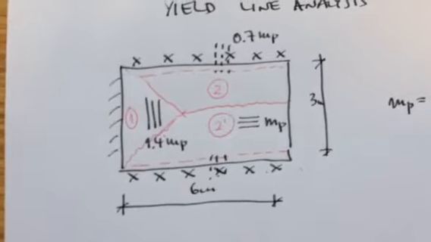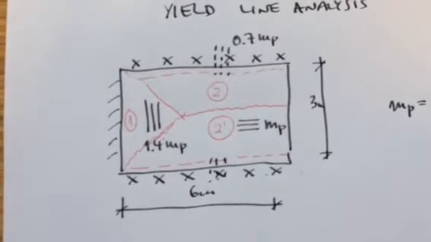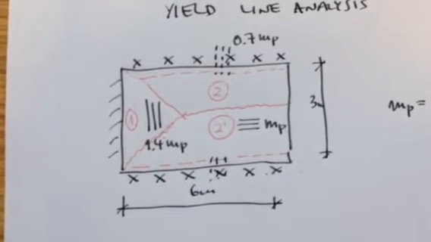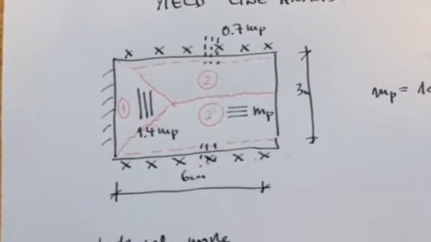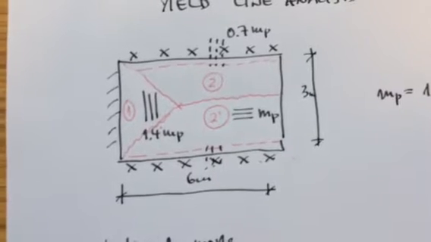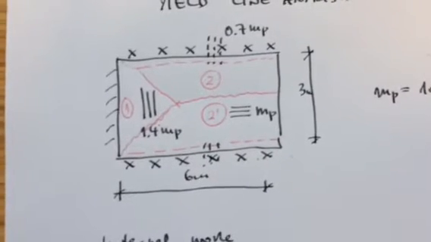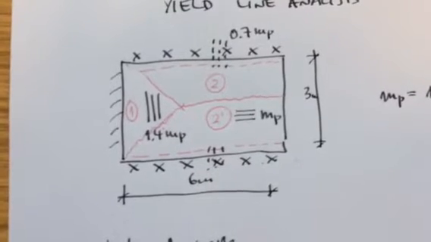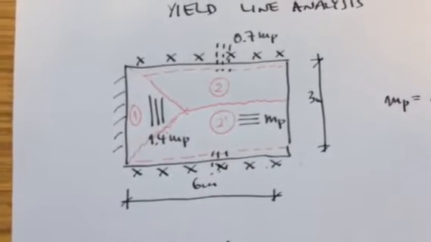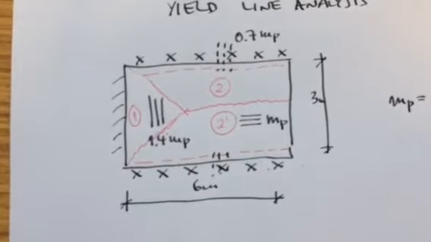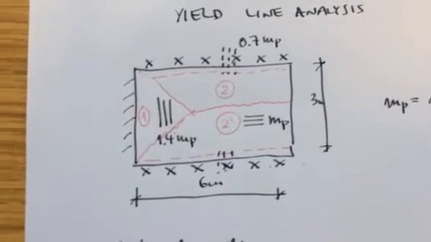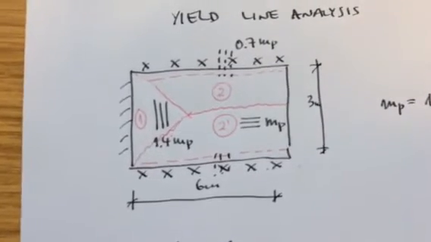The moment of resistance of the reinforcement along the longer edge is the one which should be taken, so MP, times the angle of rotation of element 1. The angle of rotation can be found as the maximum displacement of the element divided by the distance from the point which moves most to the supported edge.